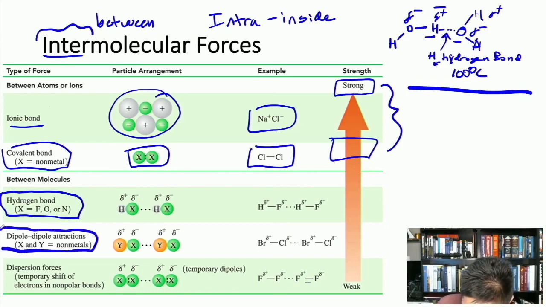So dipole-dipole interactions are just interactions between two nonmetals that have dipoles, or two nonmetals that have partial positives on one side and partial negatives on the other side.